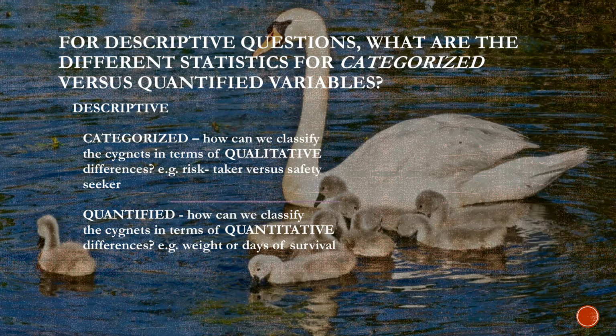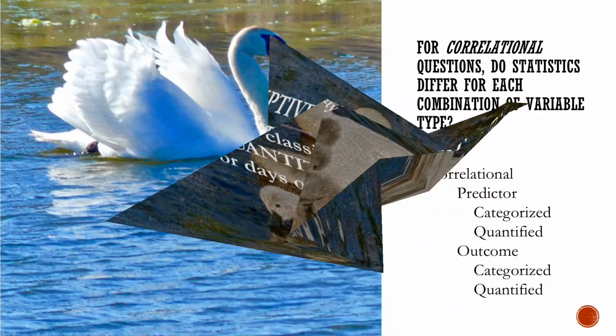For example, I can ask, how much does each baby swan weigh? The characteristic body weight is called a quantified variable. Or, how many days does each cygnet survive on the pond? Days of survival is another quantified variable. And we can then measure the way the cygnets differ in the quantity of these characteristics.